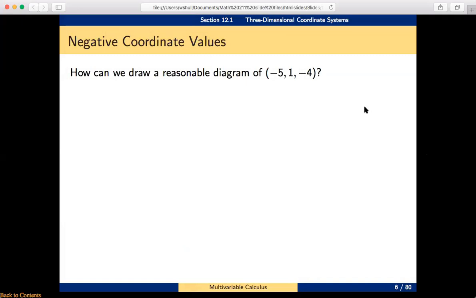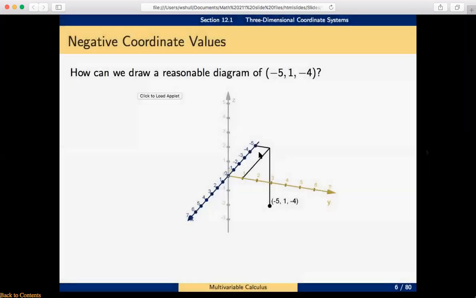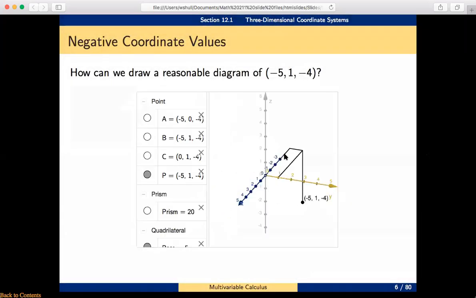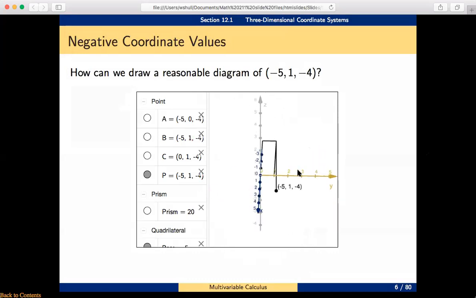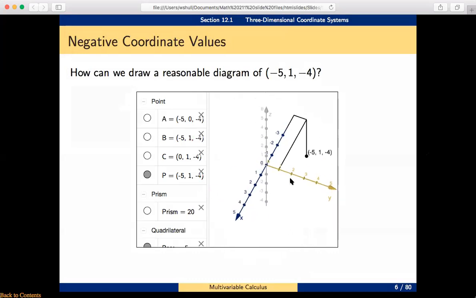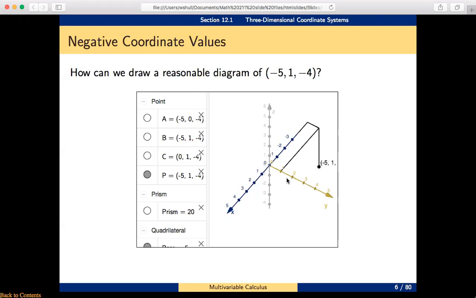Okay, now how can we draw a diagram of this other point here, -5, 1, and -4? Well, here's how this could look, and I will again click it around and rotate it. I've got a few other example videos I've already made.